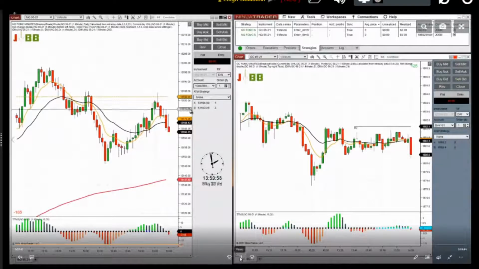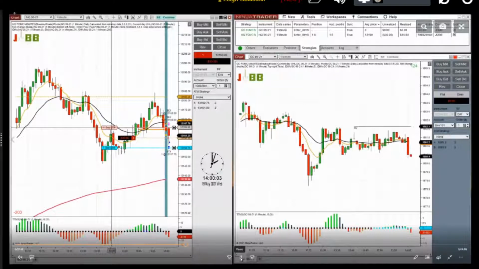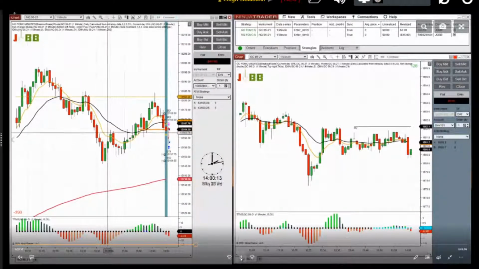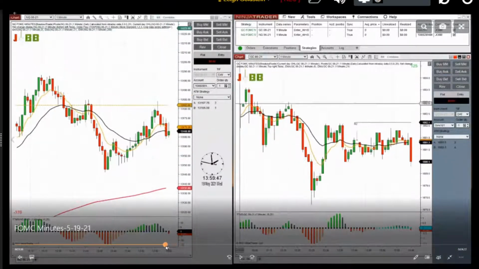Here's the setup. It filled me and then it pulled back. I tried to move my stop to safety. I tried to move my target. I tried to do everything to prevent losing money, and I could not save that trade. There was no saving that trade.